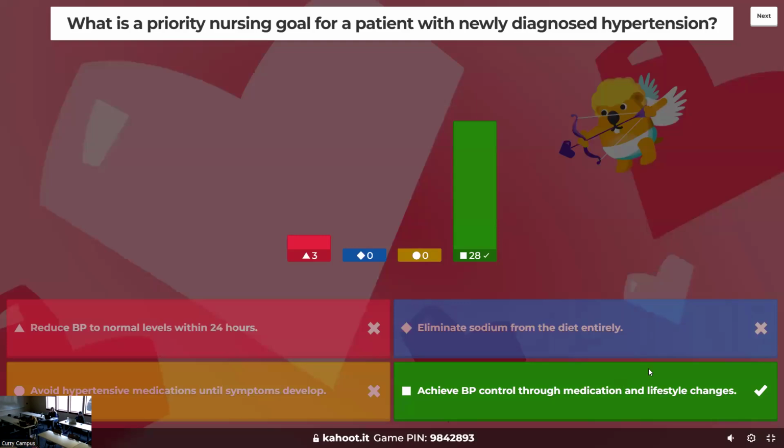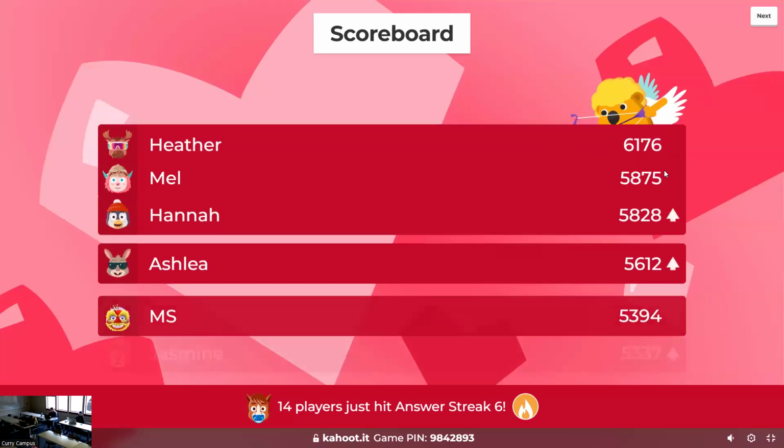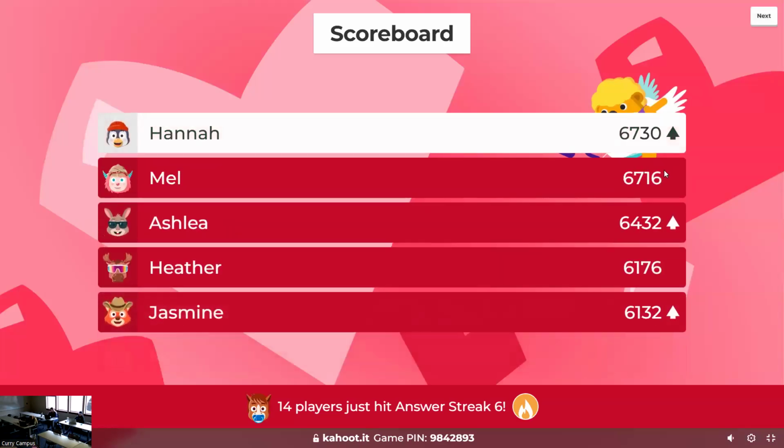Good, almost everybody got that one. And sometimes it takes longer than 24 hours to reduce blood pressure for stability. Ooh, Hannah's in the lead and Heather falls to level 4. Okay.